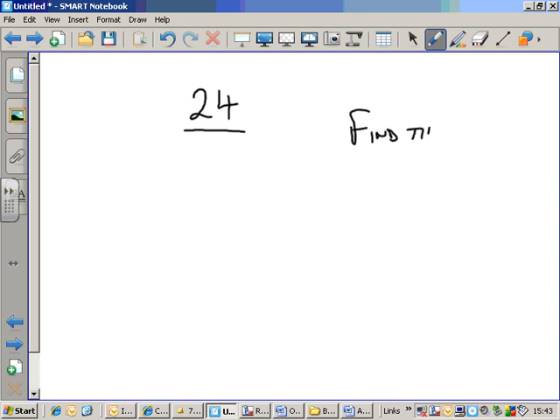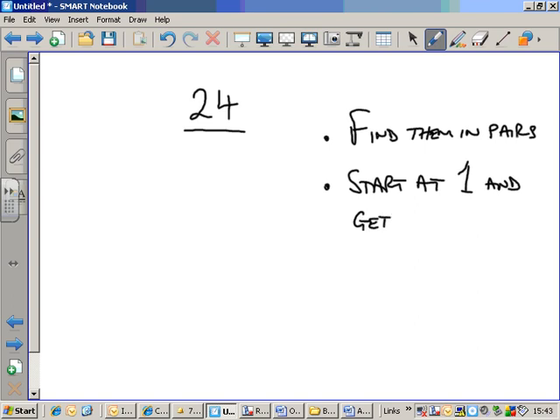Find them in pairs. That's the first thing I'd suggest. And the second thing I'd suggest is start at 1 and get bigger. If you don't quite understand what I mean there, then watch me do this one and I think you'll understand.